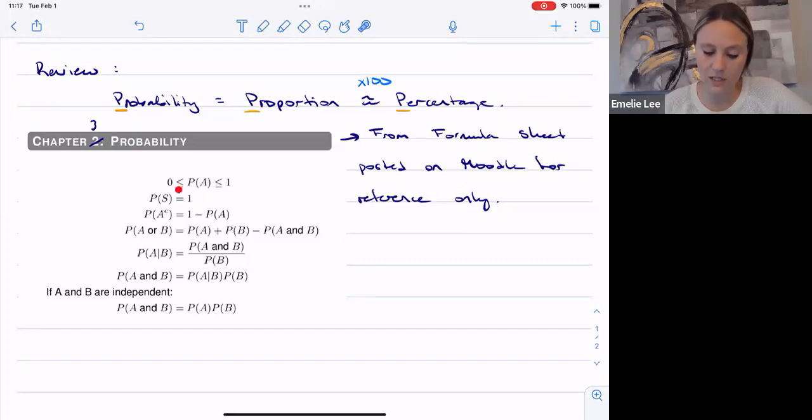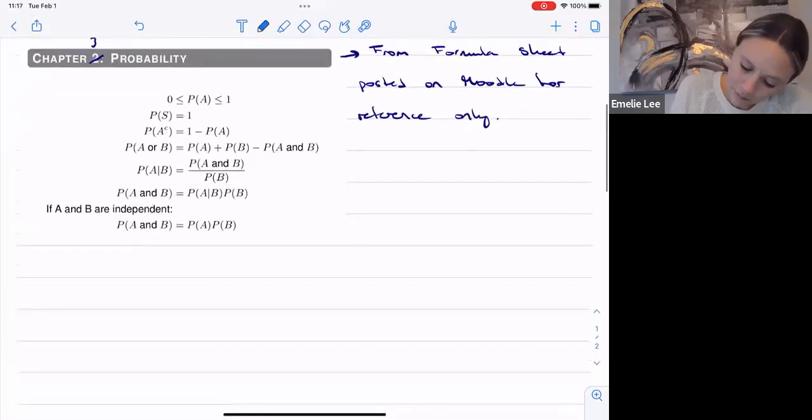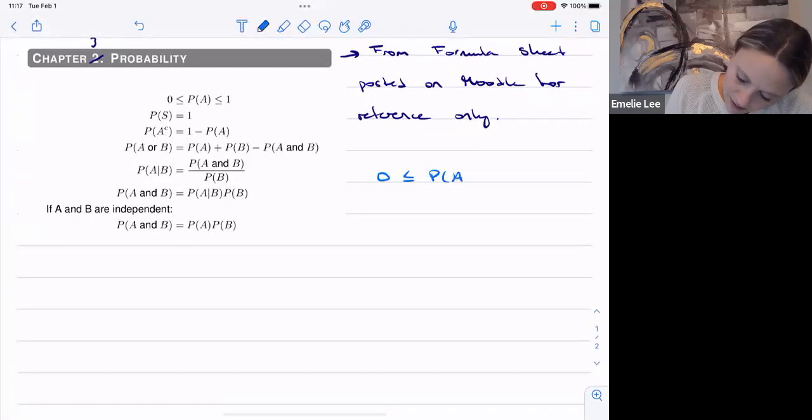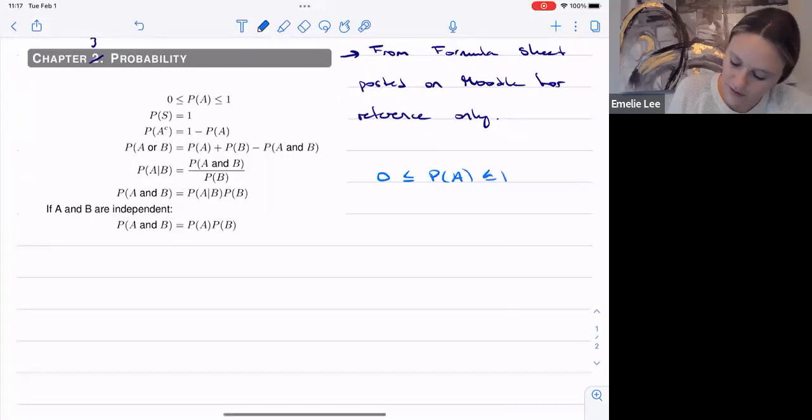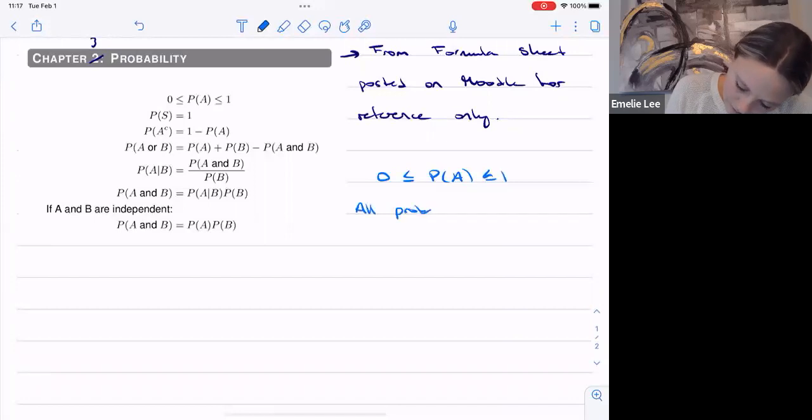That's a fact. Even if you convert it to a percentage, it can only be between 0 and 100%, so it stays the same regardless. So let's start with P of A is between 0 and 1. All probabilities must be between 0 and 1.